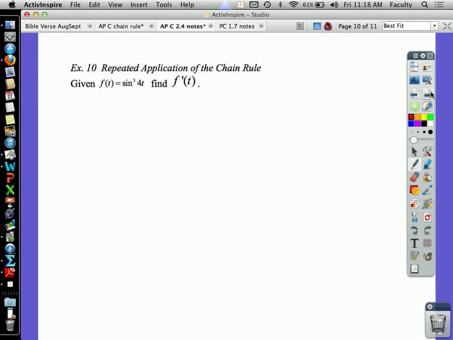All right, example 10. If you have f of t equals sine cubed of 4t, and you want to find f prime of t, this example says we want to look at the repeated application of the chain rule. So the big operation is something's being cubed. So I'm going to bring down the power and decrease the power by 1. But then I have to find the derivative of the inside.